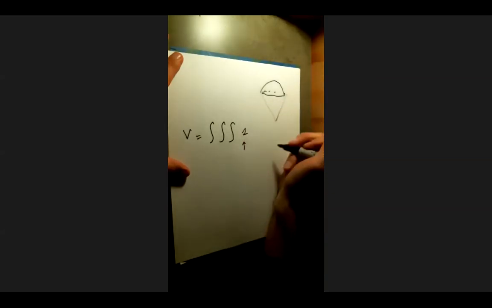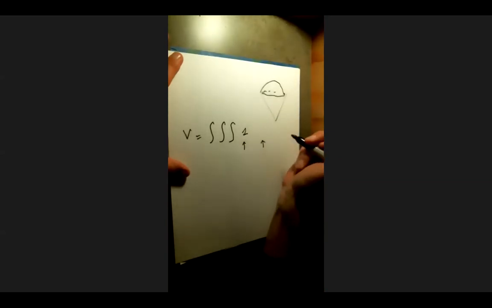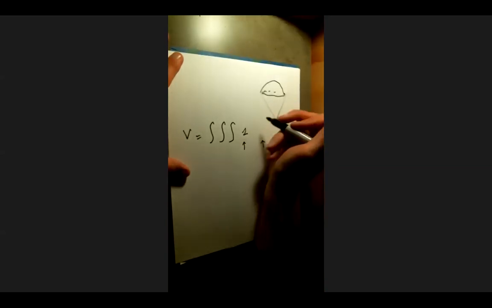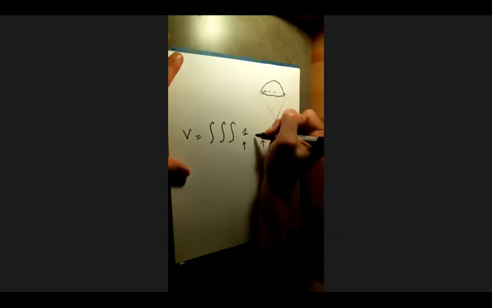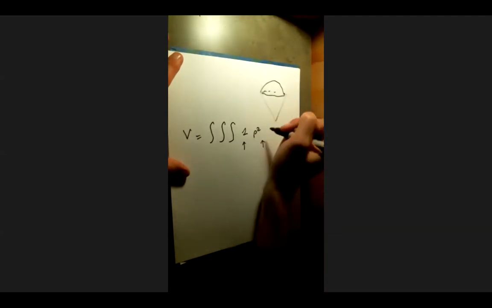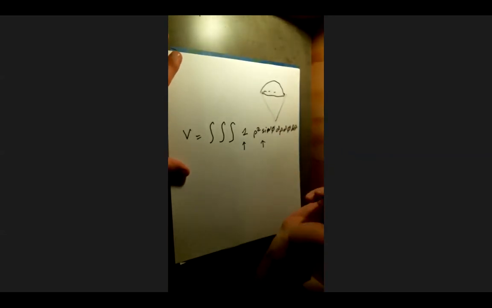And then because we're going to use spherical coordinates, what's our differential element? No, this is the new one. Wouldn't it be rho squared sine phi d rho d phi d theta.